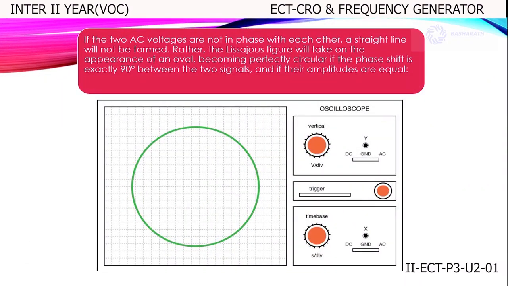If the two AC voltages are not in phase with each other, the straight line will not be formed. Rather, the Lissajous figure will take on the appearance of an oval, becoming perfectly circular if the phase shift is exactly 90 degrees between the two signals and the amplitudes are equal.